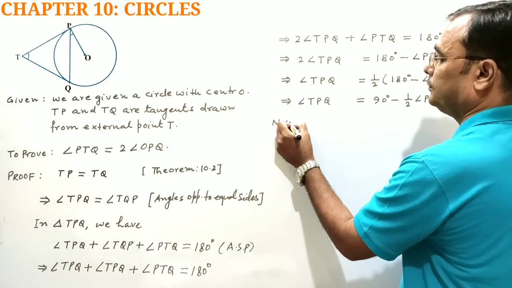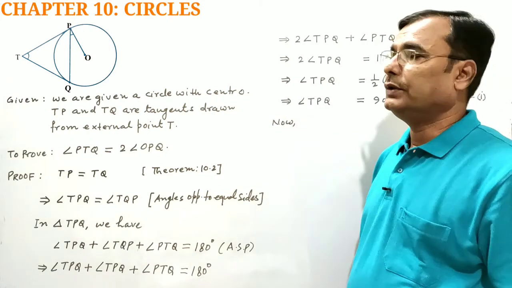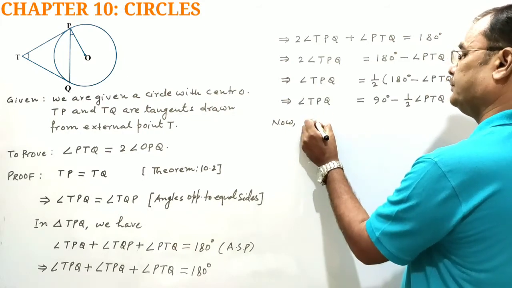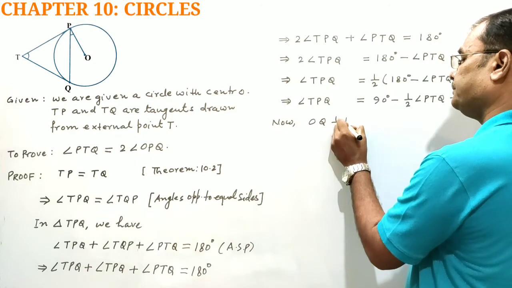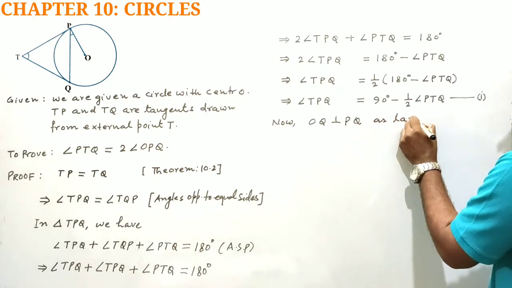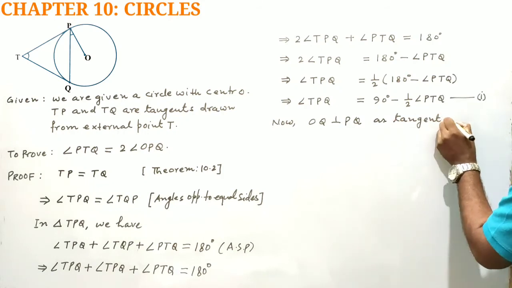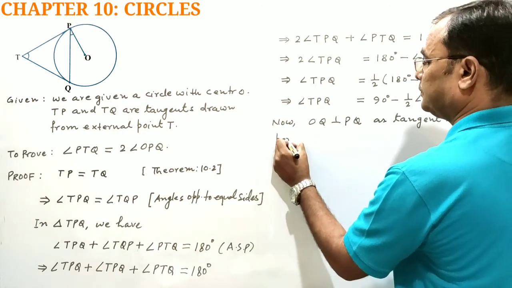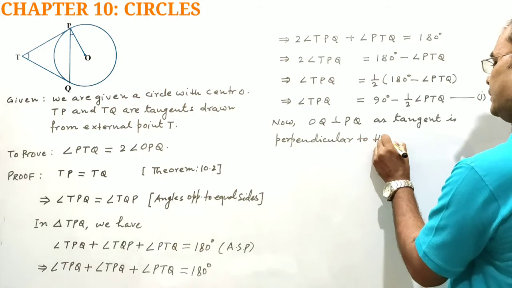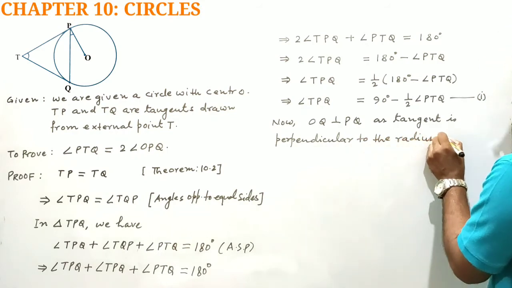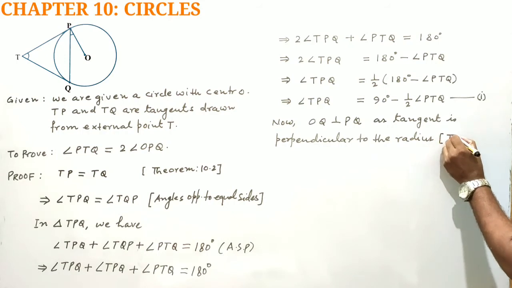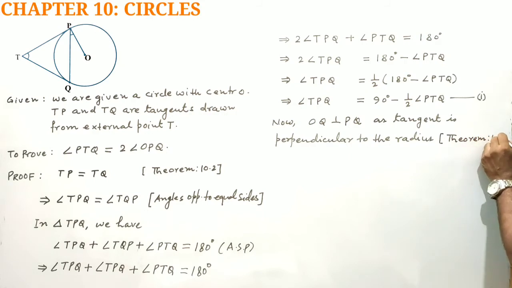Now OQ is radius and PQ is tangent. So OQ is perpendicular to PQ, as tangent is perpendicular to the radius through the point of contact according to theorem 10.1.